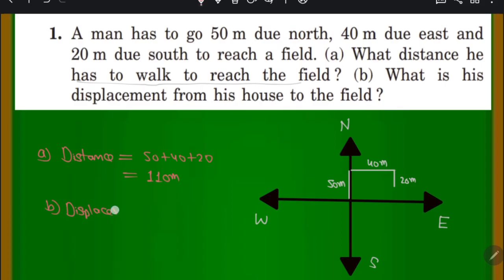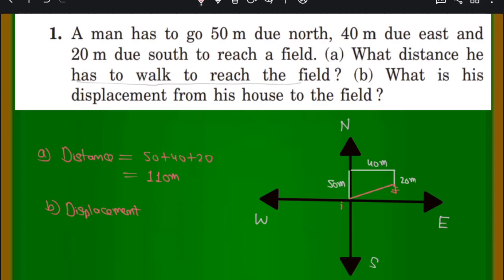And then after that, displacement. Displacement is basically the initial and final position. So can I join this initial and final position? This is our initial position. This is our final position. So I have to find this distance, from initial to final point, then I get the displacement.